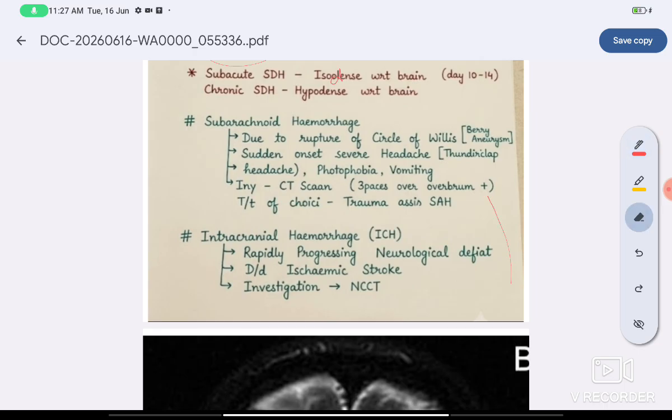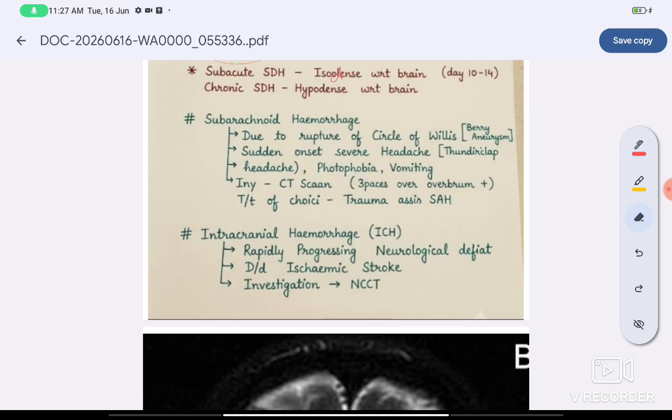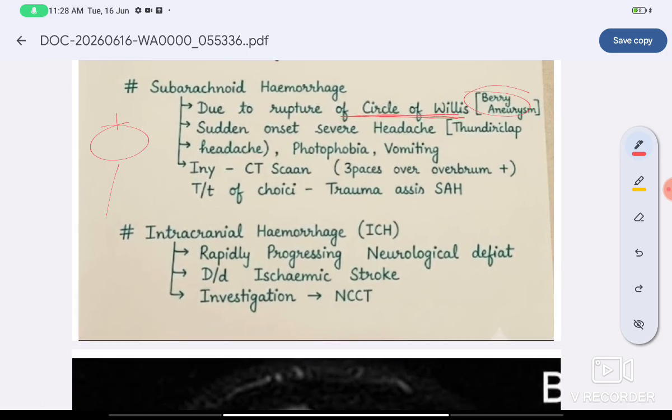Coming to subarachnoid hemorrhage, it occurs due to rupture of a berry aneurysm of the circle of Willis. Circle of Willis, if you remember in anatomy, is this circular structure that supplies the entire brain, consisting of the anterior cerebral artery, posterior communicating artery, all this. So surgery is very easy if you go back to anatomy and read it.